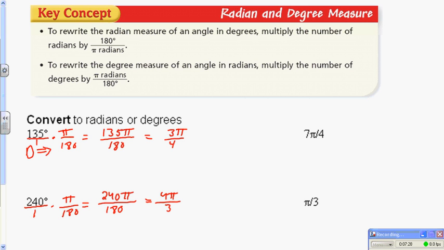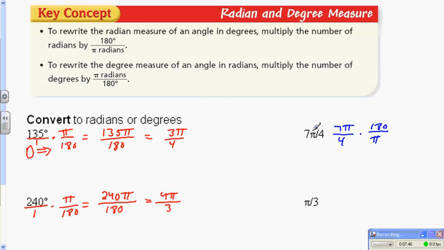Over here, we have radians. Now I'm going to write this as 7 pi over 4 more clearly to show its fraction form. We're going to take that times 180 over pi.